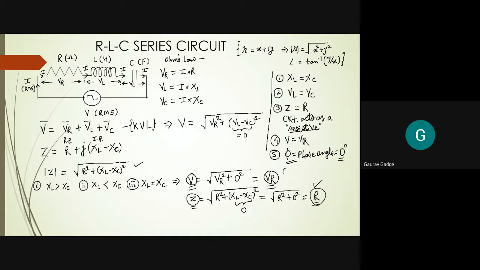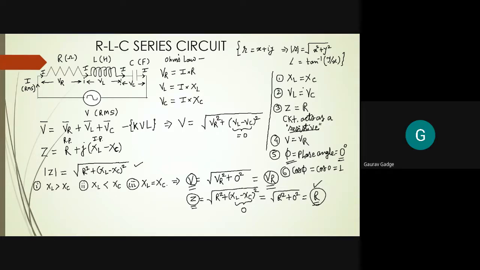Okay. Now, if phi is equal to 0, can you tell me what is cos of phi? Can anyone tell me cos of phi? Mayank, power factor. So what should be the value of cos of phi for this resistive load? Cos 0 is equal to 1.